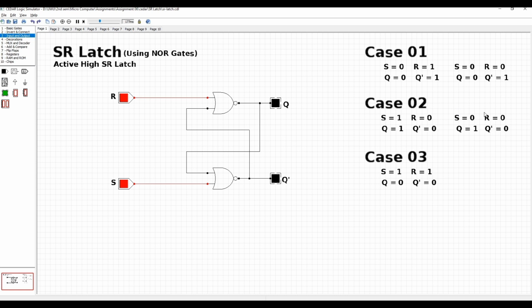So for the same input, there are two different outputs. This state, in which both inputs are 0, is called the memory state. When the circuit comes to this state, it doesn't change any output. It keeps the previous output. That is why this state is called the memory state.